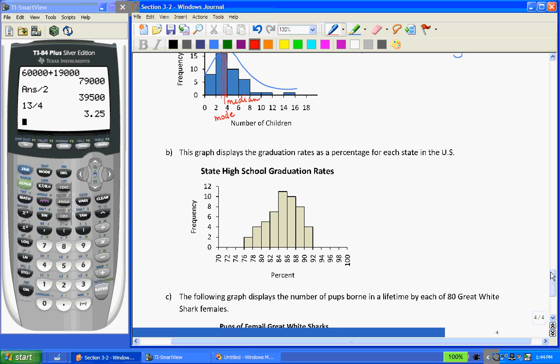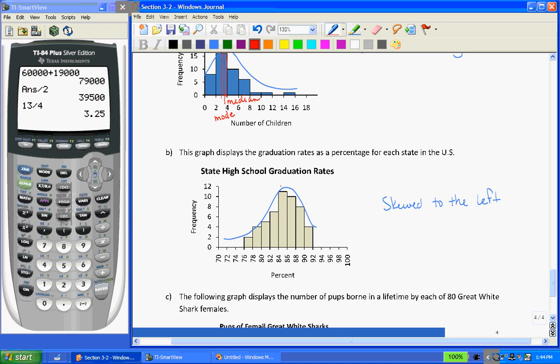Okay, example B. This graph displays the graduation rates as a percentage for each state in the U.S. Well, looking at this one, notice that our trend is a little bit different. We have it skewed to the left. So the skewness is not quite as extreme perhaps, but definitely we see these smaller values going off to the left.